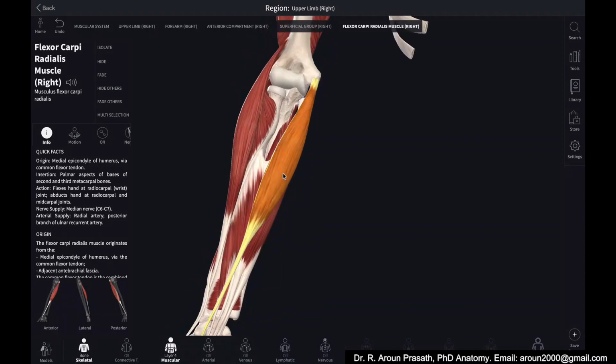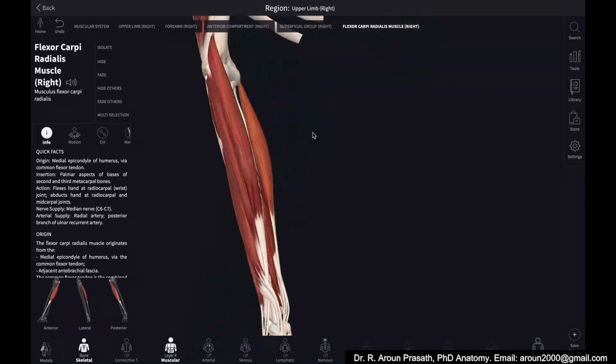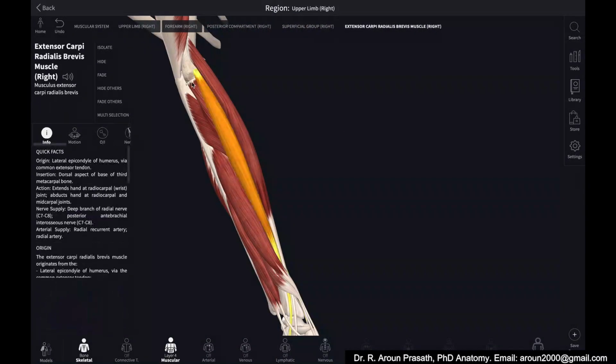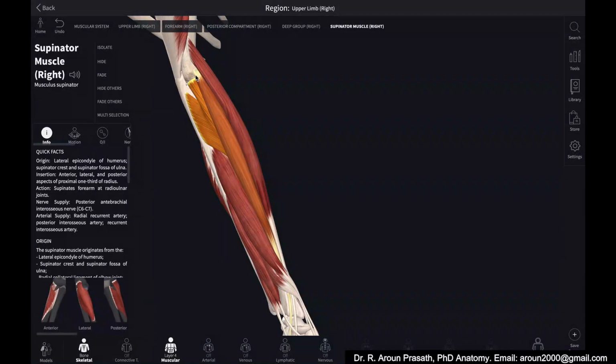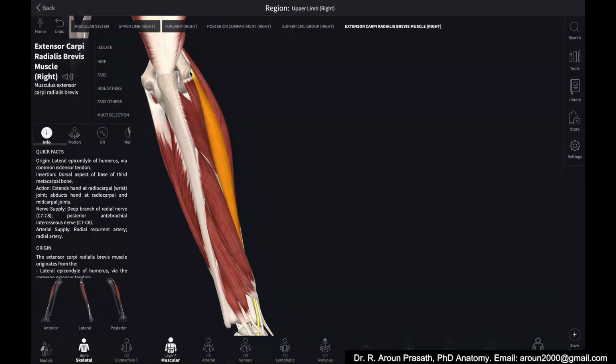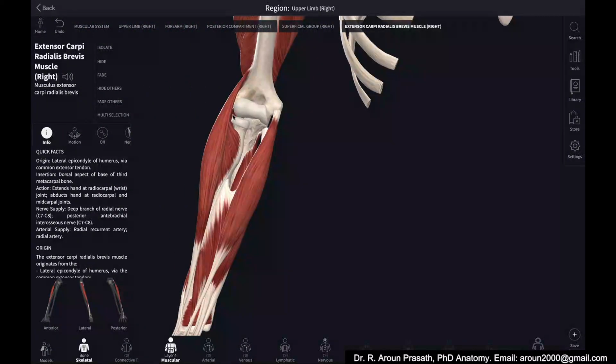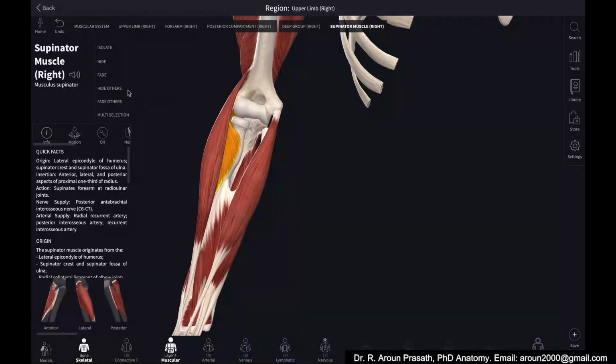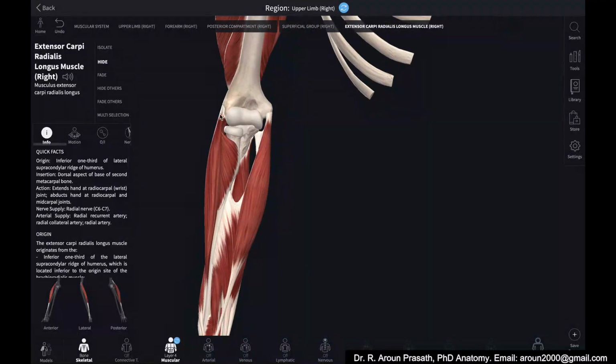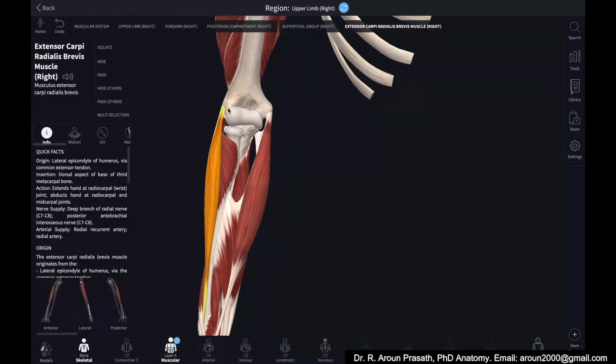Likewise, the superficial extensor muscles of the forearm are originating in the lateral epicondyle of the humerus. These are the common places where the flexor muscles originate in the medial epicondyle and the extensor muscles originate in the lateral epicondyle.